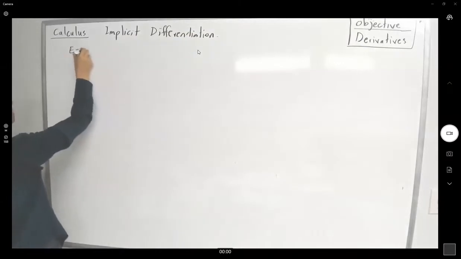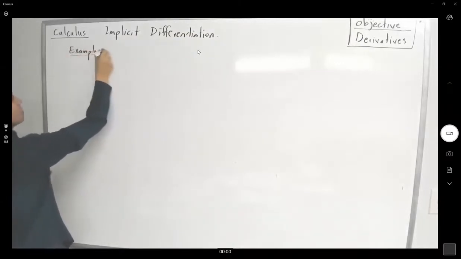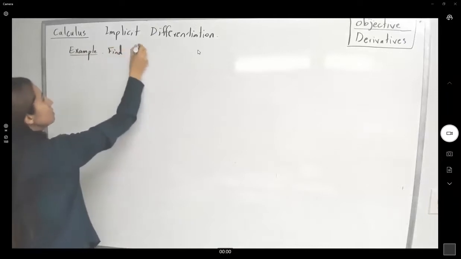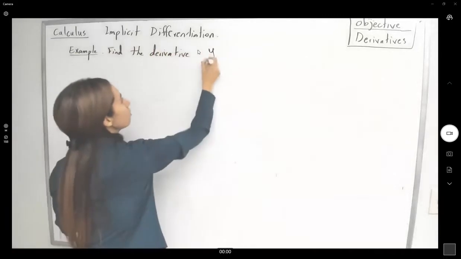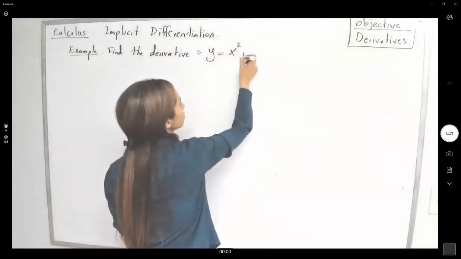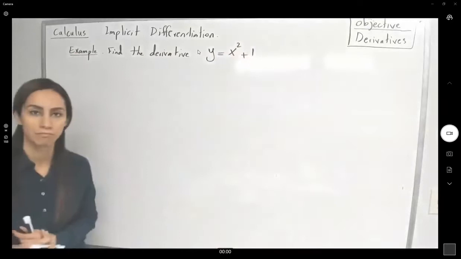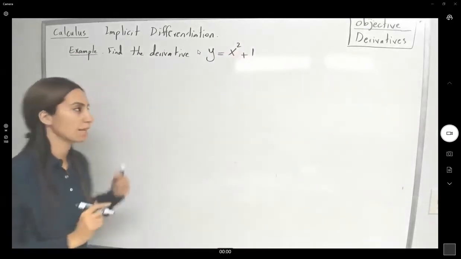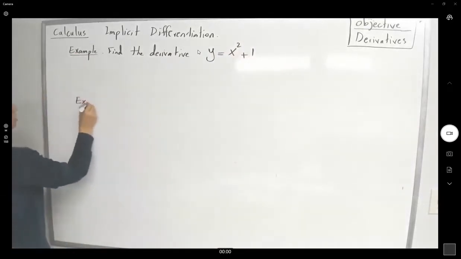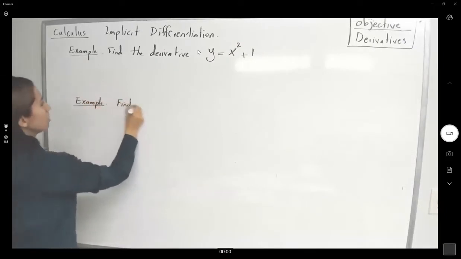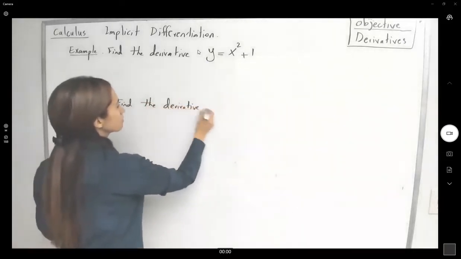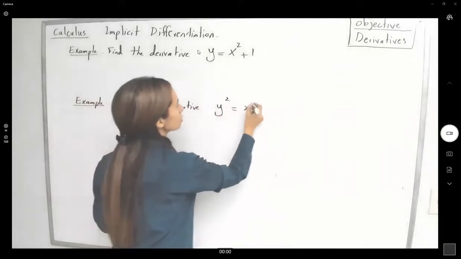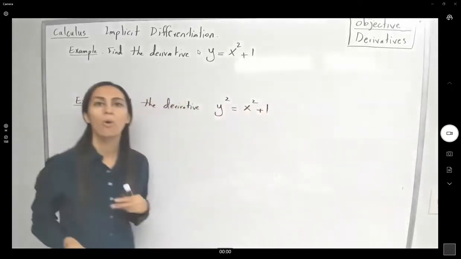Example 1 says, find the derivative of this function, y equals x squared plus 1. The second example says, now find the derivative of y squared equals x squared plus 1.